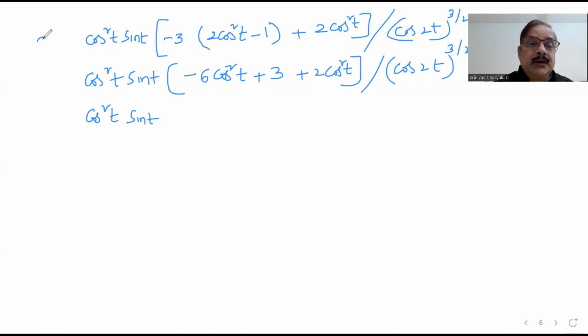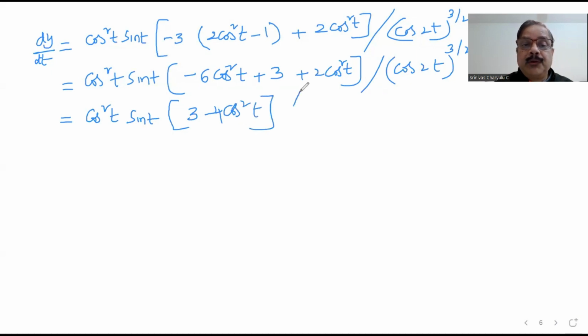Please remember this is all actually dy by dt. Here first 3 write down minus 4 cos square t, whole thing divided by cos 2t whole to the power of 3 by 2.